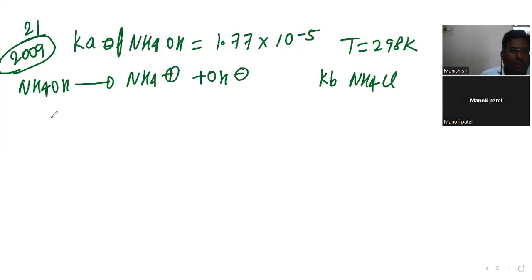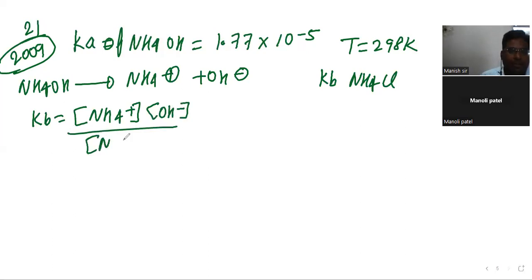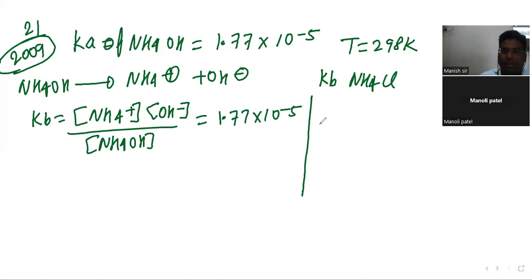The equilibrium constant for this ammonium hydroxide can be written in concentration form as concentration of NH4 plus into concentration of OH minus divided by concentration of NH4OH. The Kb value is given, that is 1.77 into 10 raised to minus 5. Right.